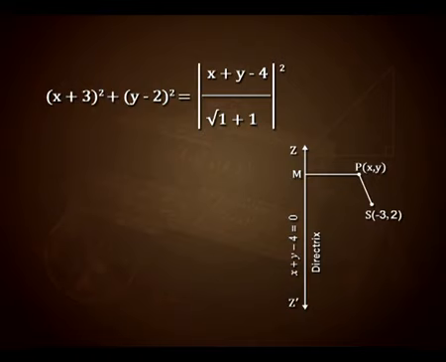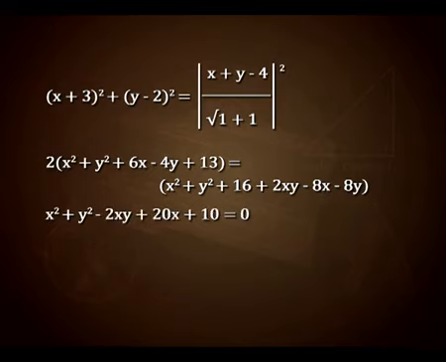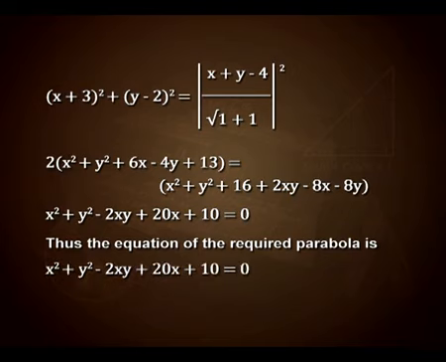On simplification, we get 2 into (x square plus y square plus 6x minus 4y plus 13) is equal to x square plus y square plus 16 plus 2xy minus 8x minus 8y, which on solving gives us x square plus y square minus 2xy plus 20x plus 10 is equal to 0. Thus, the equation of the required parabola is x square plus y square minus 2xy plus 20x plus 10 is equal to 0.